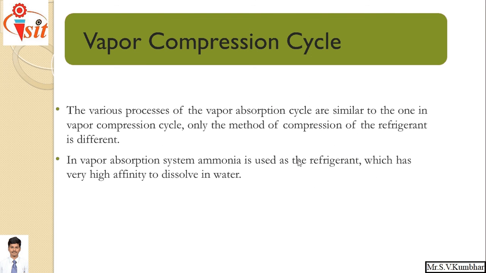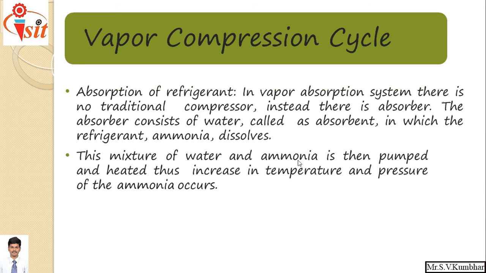The various processes of the vapor absorption cycle are very similar, but only one method, the compression of refrigerant, is different. In the vapor absorption system, ammonia is used as refrigerant, which has a very high affinity to dissolve in water. So remember, ammonia is easily soluble in water, that's why it is used widely in vapor absorption refrigeration systems.